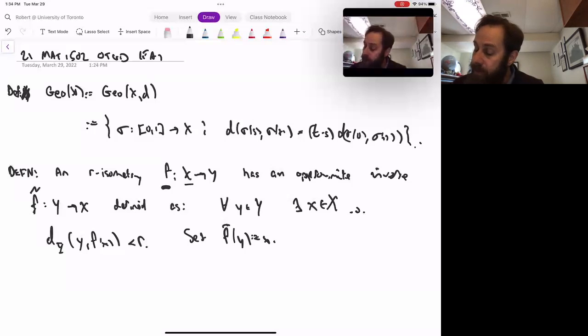Then it's not too hard to check a couple of claims. F tilde is a 3R isometry.